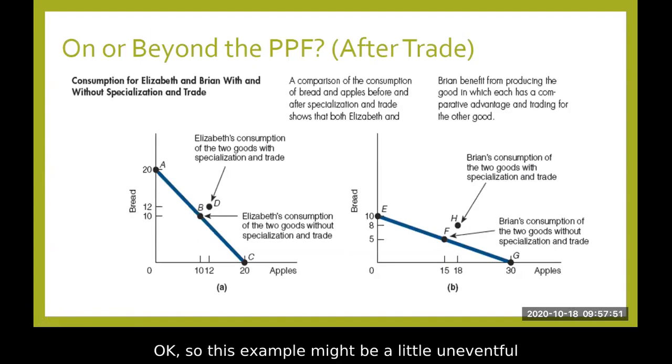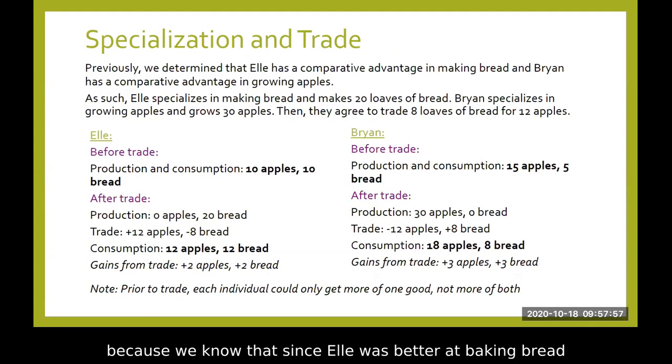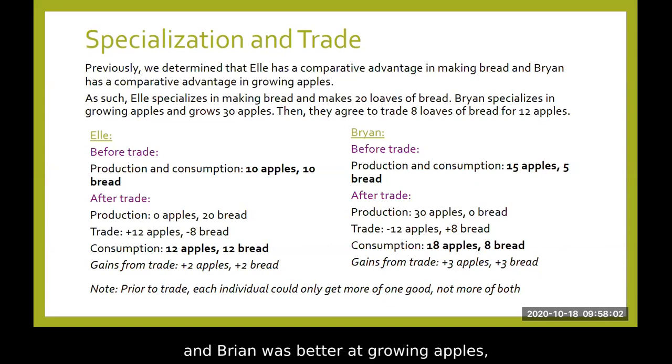Okay, so this example might be a little uneventful because we know that since Elle was better at baking bread and Brian was better at growing apples, obviously they have incentive to trade with one another. But in some of the other videos and examples you'll see, even if Elle was better at making bread and making apples, she would still have incentive to trade with Brian.